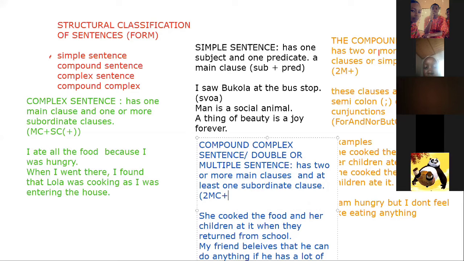That is more than 2MC. 2MC plus and at least one subordinate clause. Let me put it this way so that it does not confuse you guys.